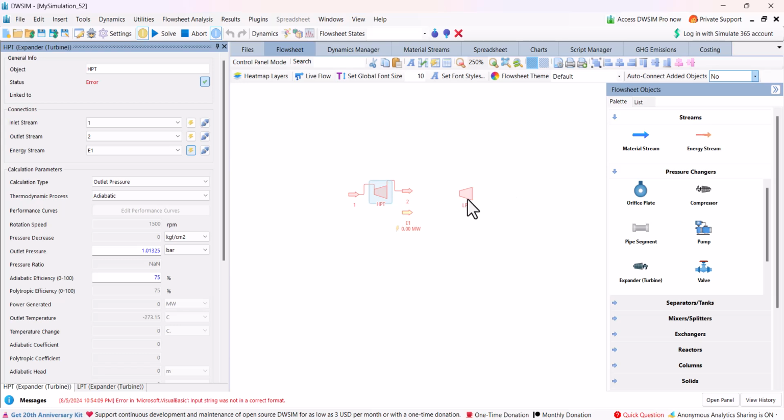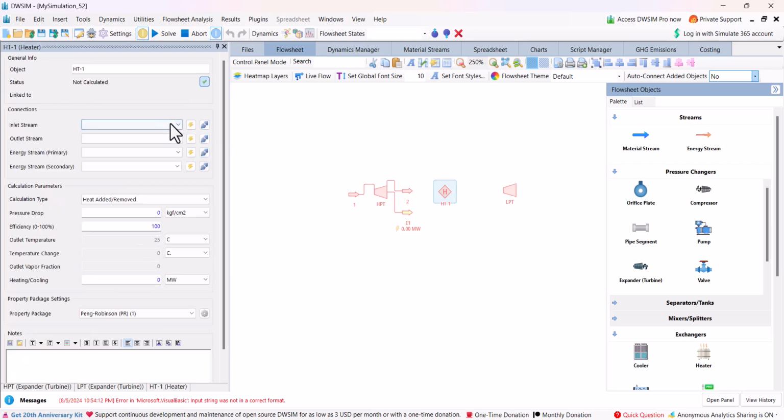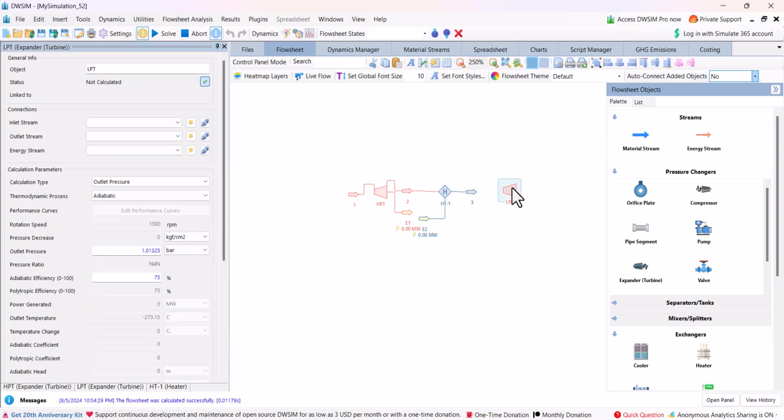As there is a reheater, we will need a heat exchanger. The heat exchanger will take stream 2 as an input. The outlet stream will connect and we need an energy stream. The low pressure turbine will take the outlet of the reheater and create the fourth stream.